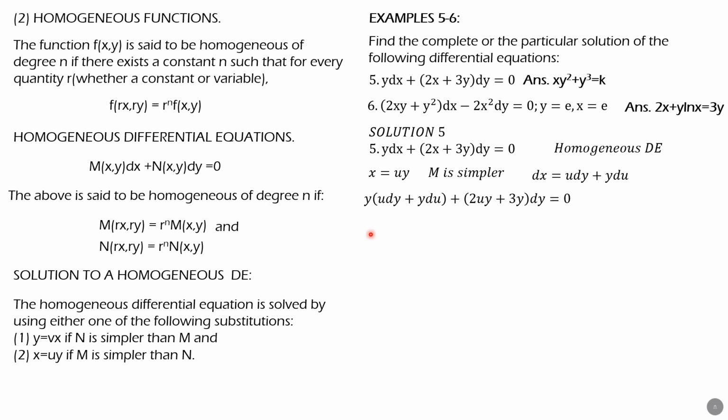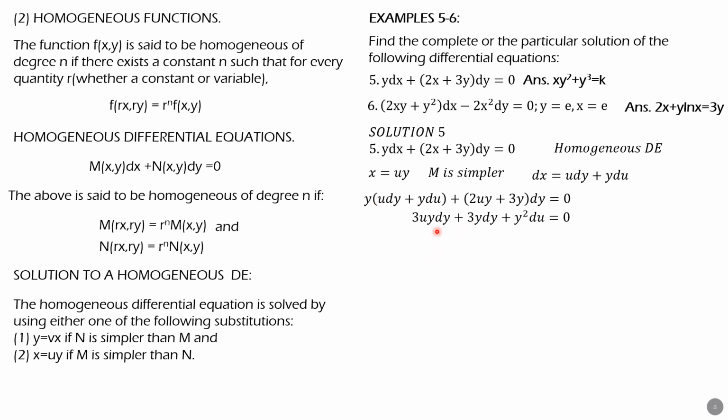Then combining like terms, we have uy dy here, then 2uy dy, so that is 3uy dy, then plus 3y dy plus y squared du equals 0.